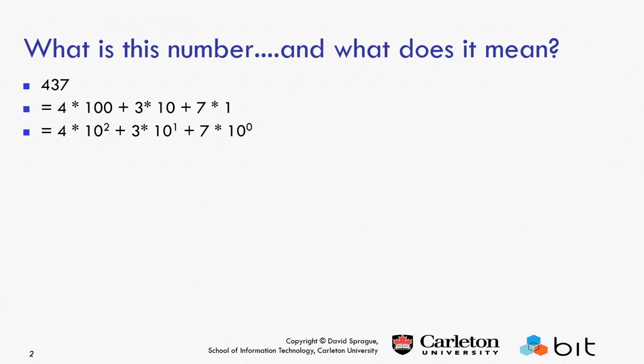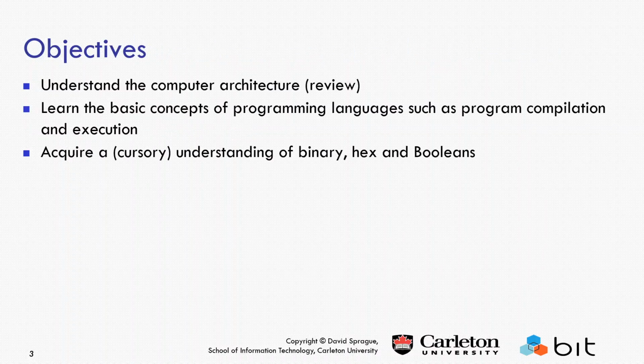You can algorithmically decompose 437 by saying, okay, we're going to start off the number at 10 to the power of 0, so 1, and then next time around through the loop, we're going to check if something is divisible by 10, then check if it's divisible by 100, then check if it's divisible by 1,000, and just keep on going that way. It's an interesting and very effective approach to encoding this kind of data. So, why 10? Fingers and toes.